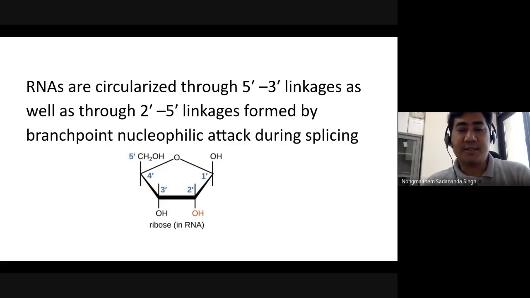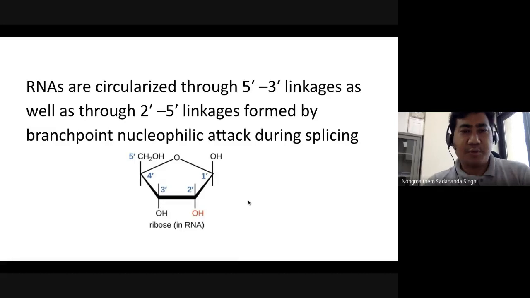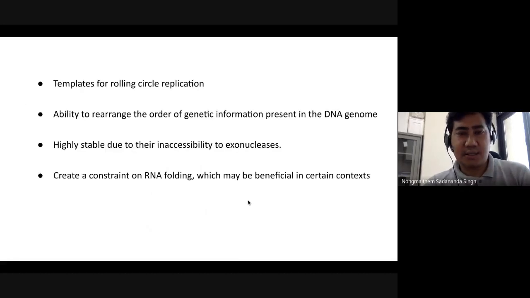So there are two options for circularization. It can be a 5' to 3' linkage, as you can see, or very commonly the 5' phosphate linked to the OH of the 2'. This is very common.